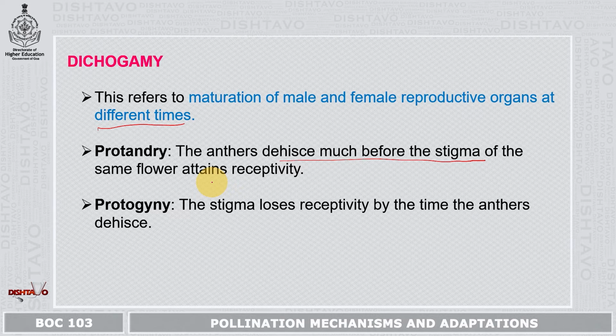That means anthers become mature first and later on stigma becomes matured. Next is protogyny. In this case, the stigma loses receptivity by the time anthers dehisce. So in case of protogyny, it is the gynoecium that becomes matured first, and then later on the anthers become mature.